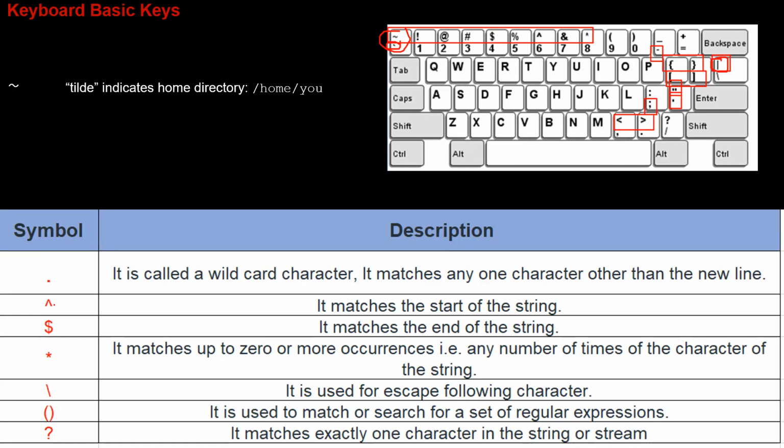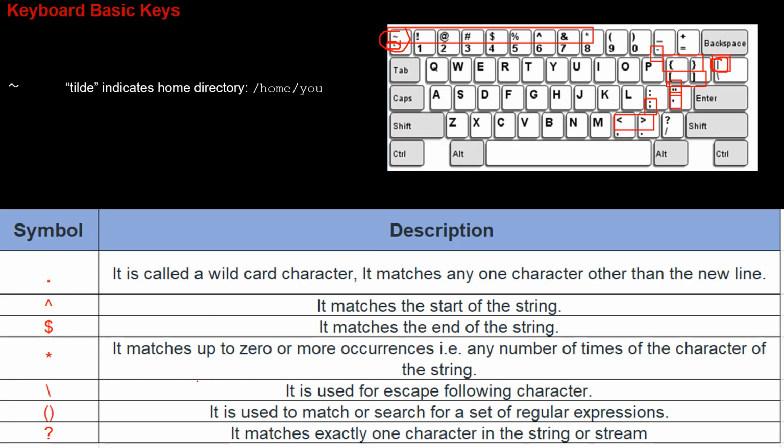And then this is the caret. It matches the start of the string. Look, if I say caret H into hello, you are saying, okay, any line that starts with H, show me only that line. And the $ sign means the end of the string.